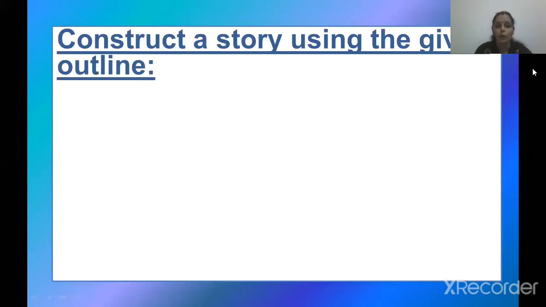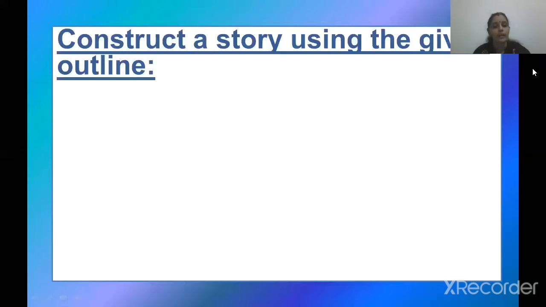Open a new page. Write the date on the left hand side. We write the question and our composition on the left, and the story that we write will be on the right hand side. So open your composition book, write today's date on the left hand side of your page and write the heading as story writing.